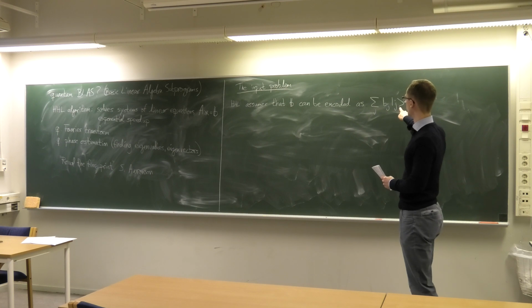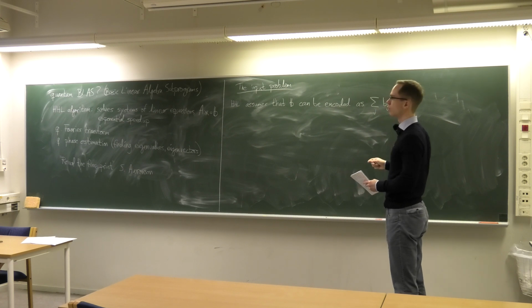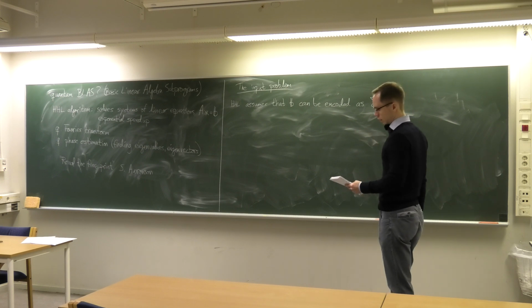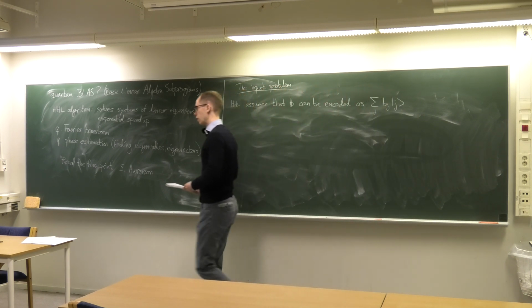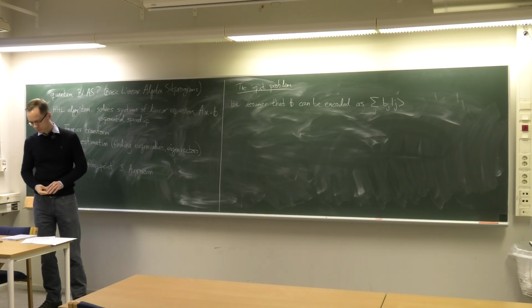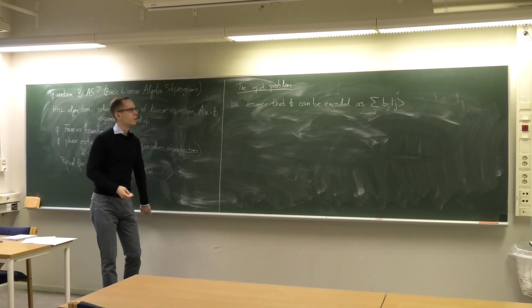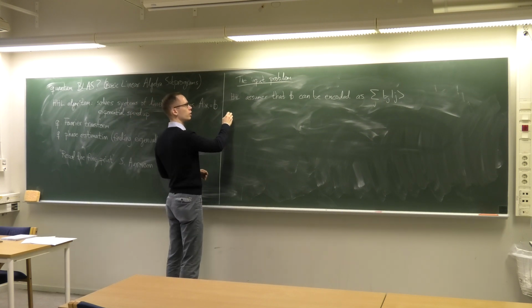Now, if you can do this, then if B has length n, you can encode it using just log n qubits. However, this is called sometimes a quantum RAM or quantum random access memory.